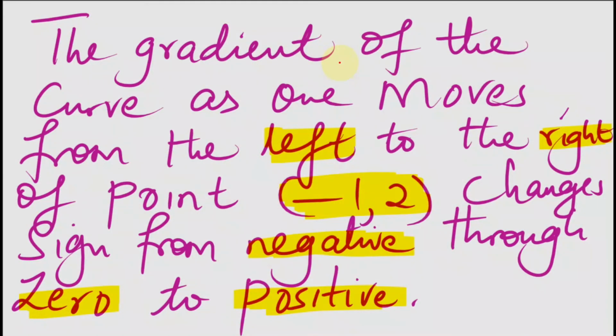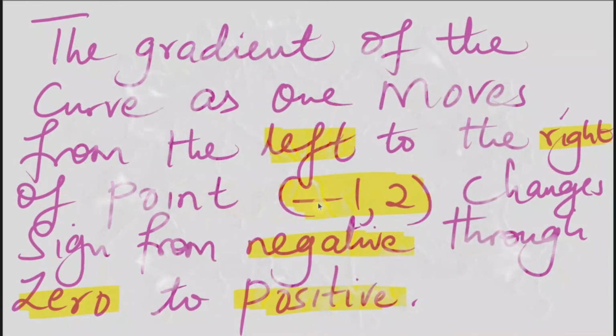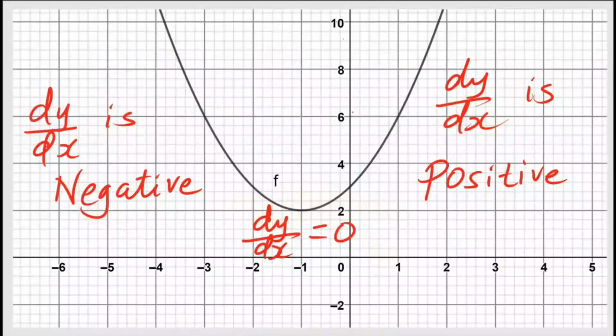Now the gradient of the curve, as one moves from the left to the right of point (-1, 2), changes sign from negative through 0 to positive. This is something very important to note. Go to the curve. Here we have the point (-1, 2).